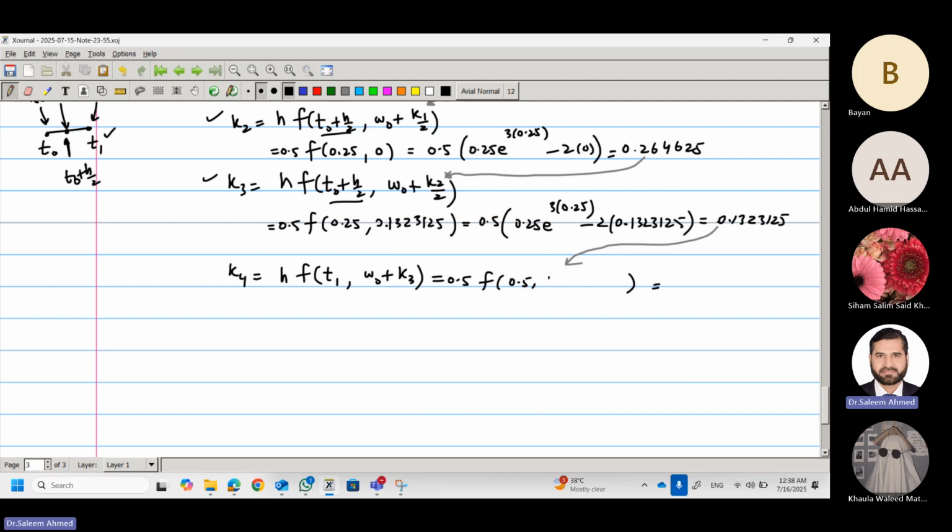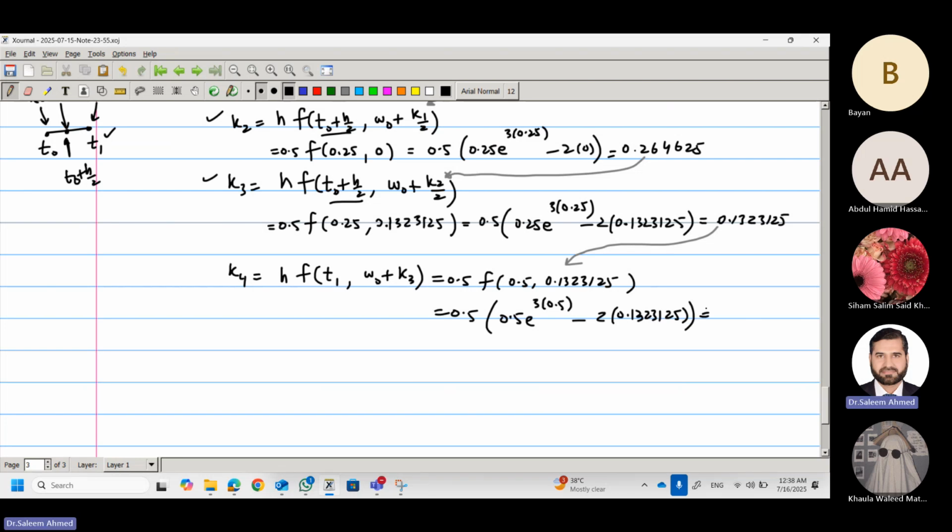So now this will come here, 0.1323.125. And this will be 0.5 into function, 0.5 e to the power 3 into 0.5 and minus 2 into y, 1323.125. Right?